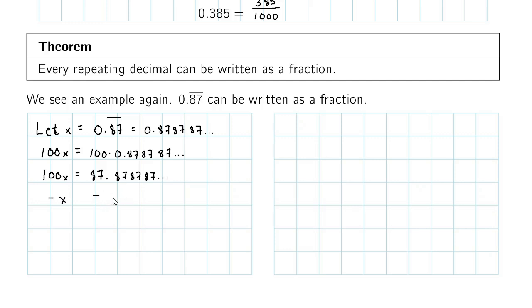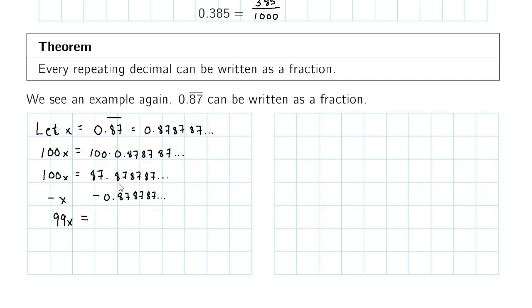But on the right-hand side, I'm going to write the decimal that x is equal to. On the left, I have 99x. On the right, well, I've got 87 point a bunch of 87s minus just a bunch of 87s.